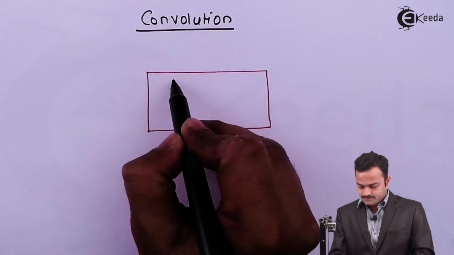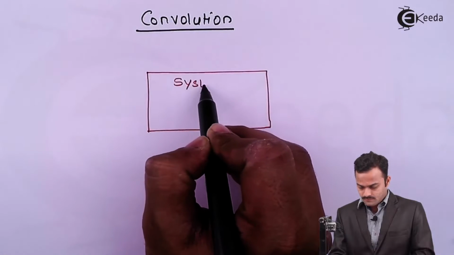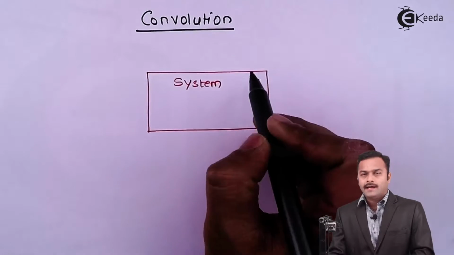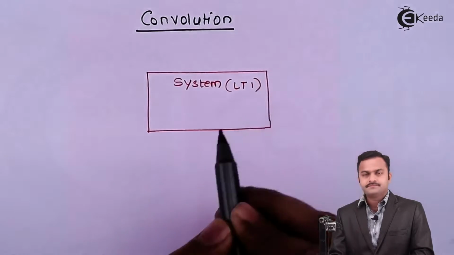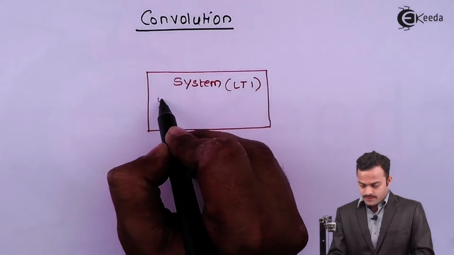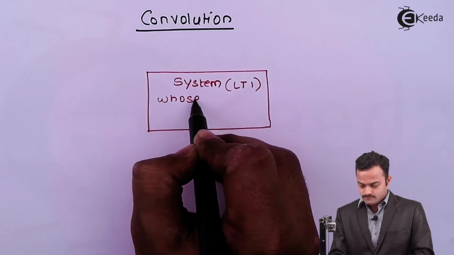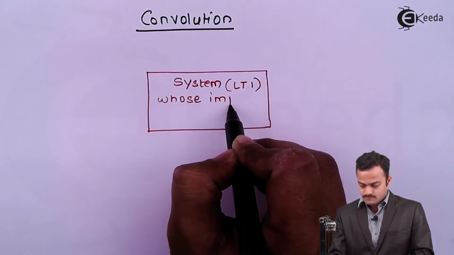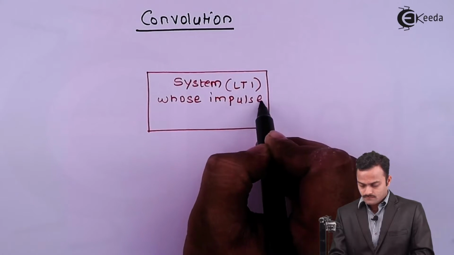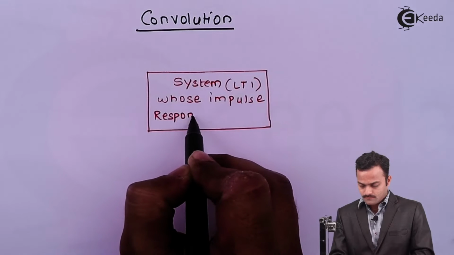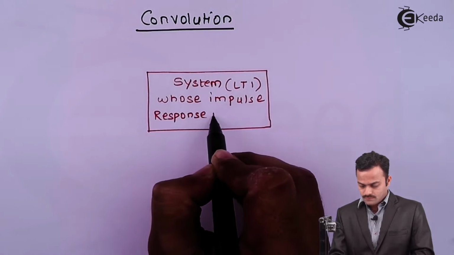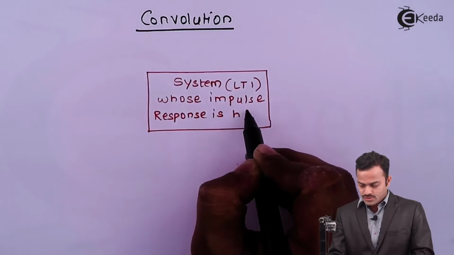We have a system, and precisely it should be a linear time invariant system, whose impulse response is known, which is h of n.